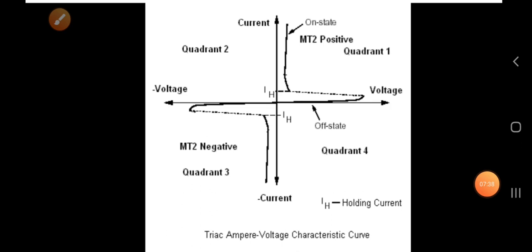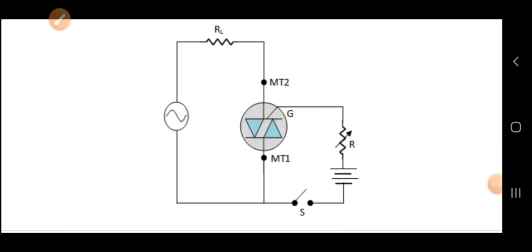Here is one more point we have to remember, when you are going to give the gate current. The gate current requires a very small amount of current, in milliamperes. So when you introduce milliamperes of current, your TRIAC is going to be turned on.